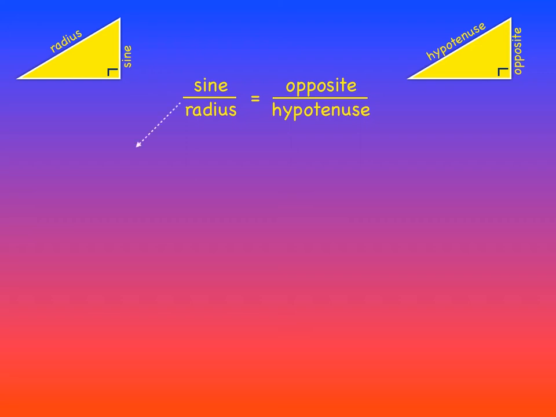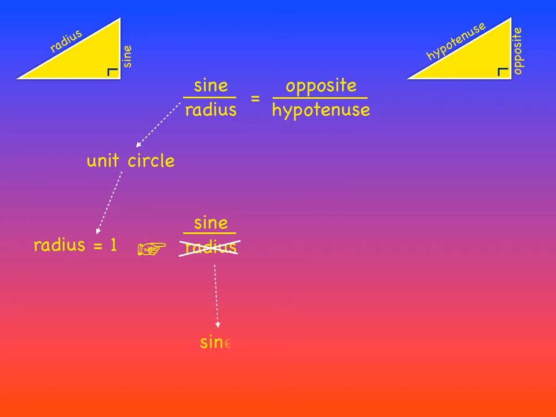But when you think with a unit circle, the radius, of course, is 1. So when you have sine over radius, we will cancel the word radius to make it look simpler. So now it just looks like sine equals opposite over hypotenuse.